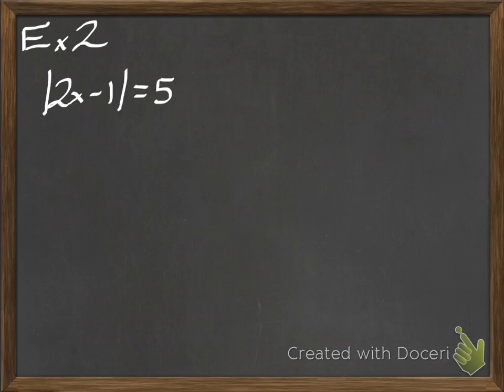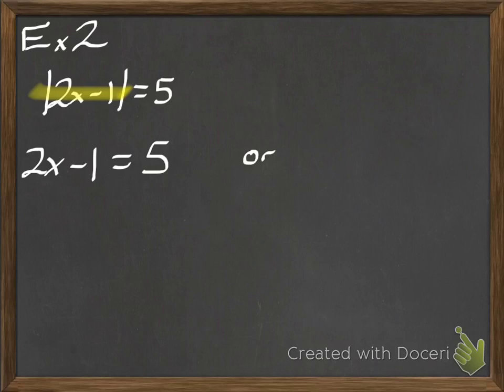So let's look at a little bit more complicated problem. Still, we have absolute value is equal to a number. We know that what is inside that absolute value is either equal to that positive 5 or what's inside is equal to a negative 5.